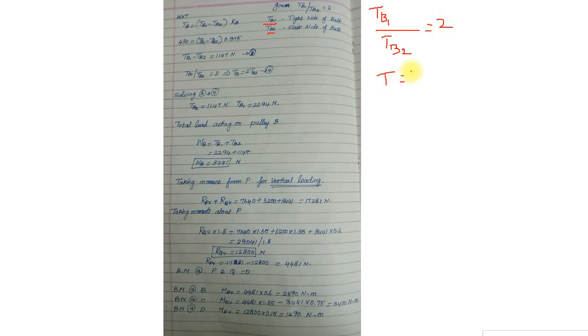Torque can be written as (T1 minus T2) into R. To find the torque at B, I have to use the radius of B. With these two equations I can find TB1 and TB2, which are the tensions in the belt of pulley B.